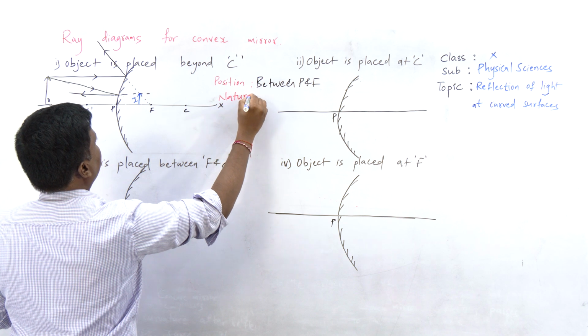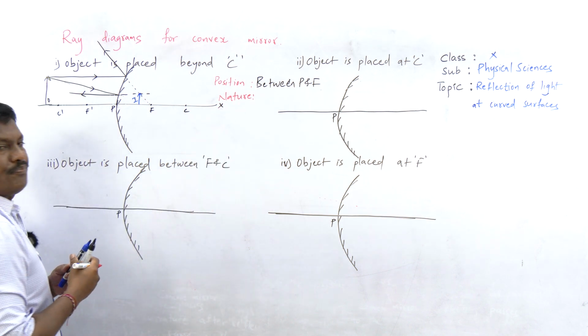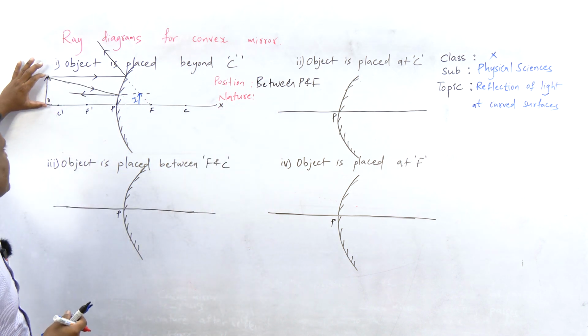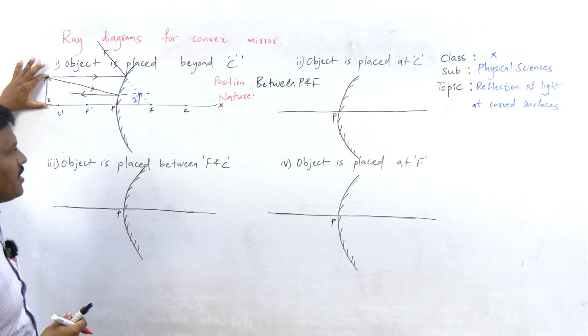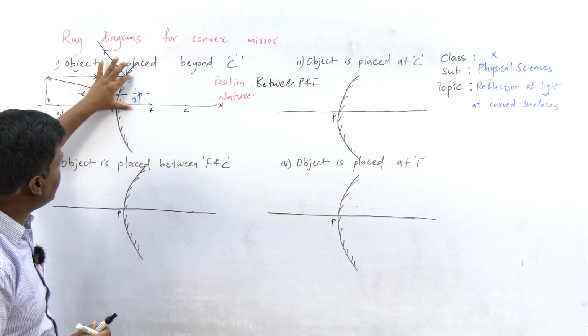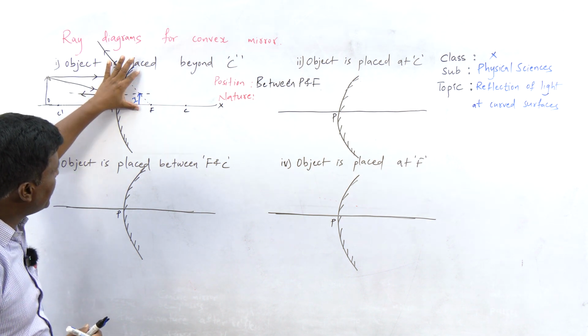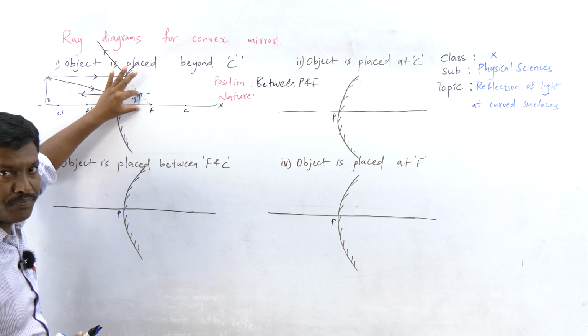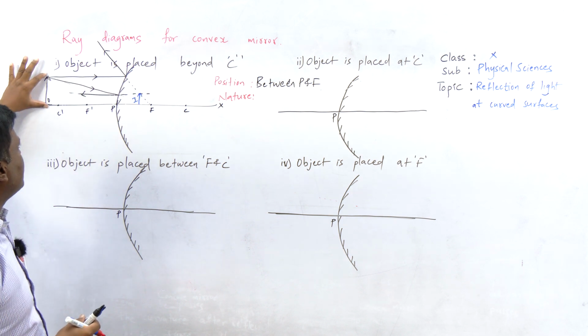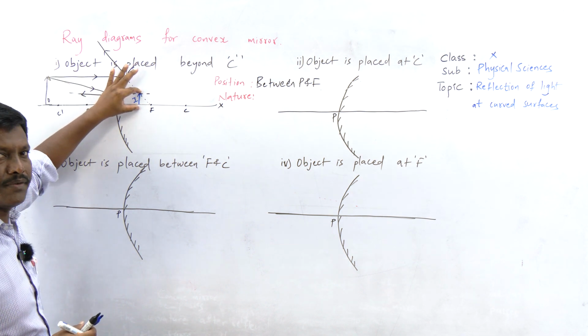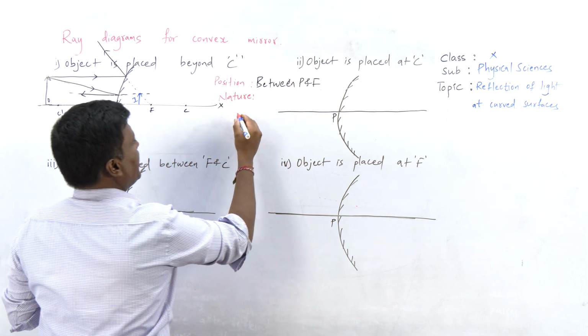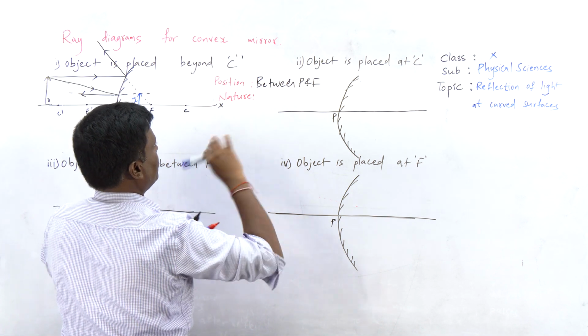Nature in the sense, characteristics of the image. So first we will compare the size. You see, this is the actual size of the object. But you see the image size decreased. So since the image size is decreased, we call it a diminished image.